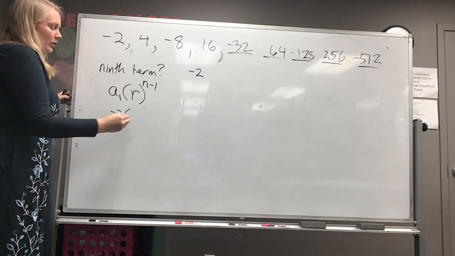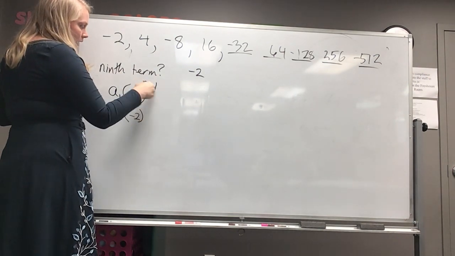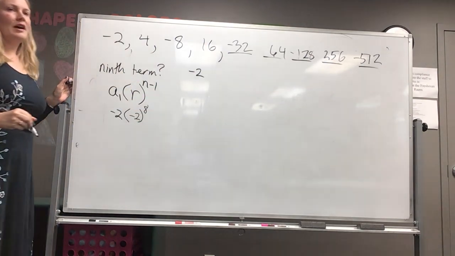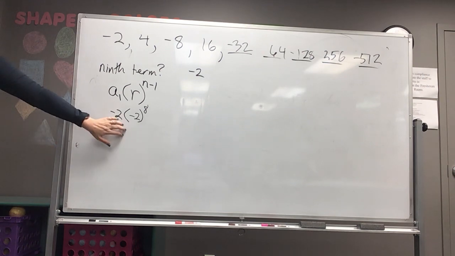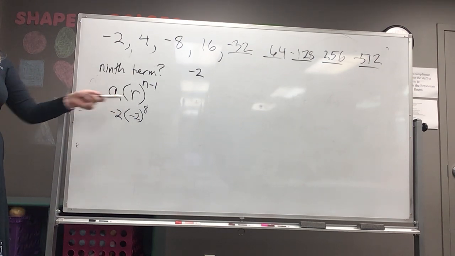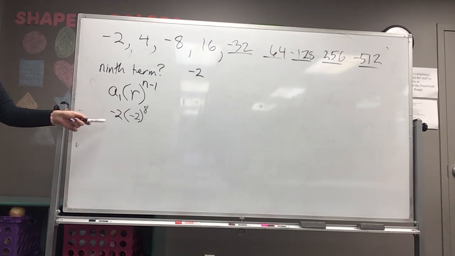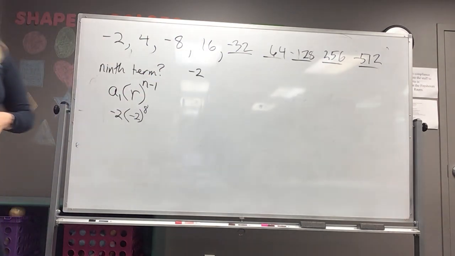Our common ratio was also negative 2. And we're multiplying that 8 times. In this case, it actually would simplify down to negative 2 to the 9th, but that's not always the case. And so the more general version is here. But we are multiplying negative 2 times negative 2 times negative 2 8 times.